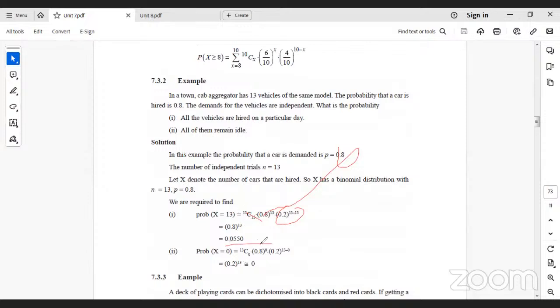So the answer is 0.8 to the power 13, which is the value of the output.